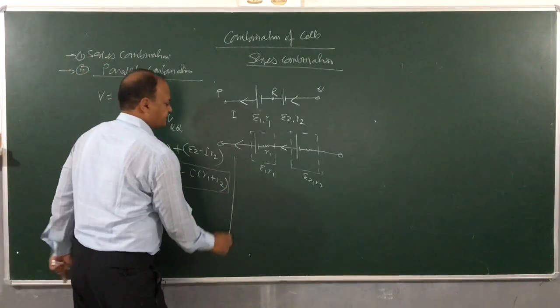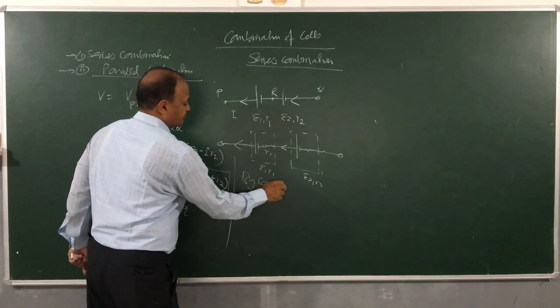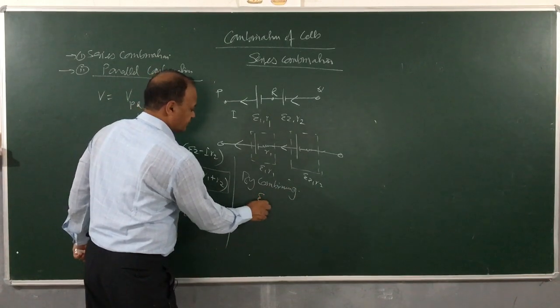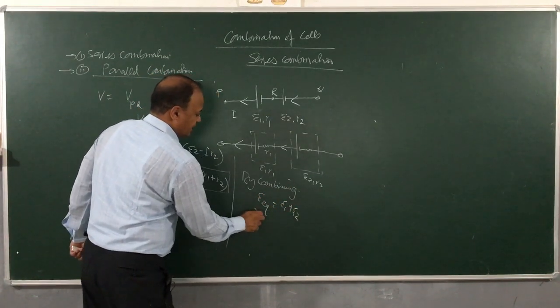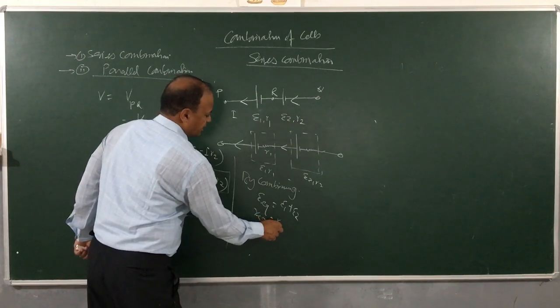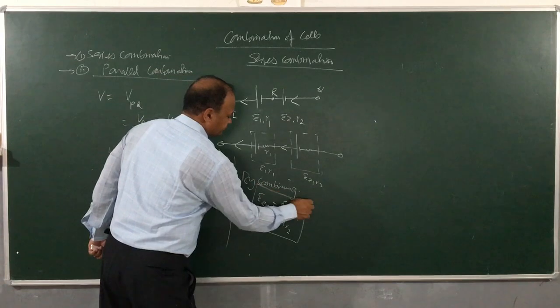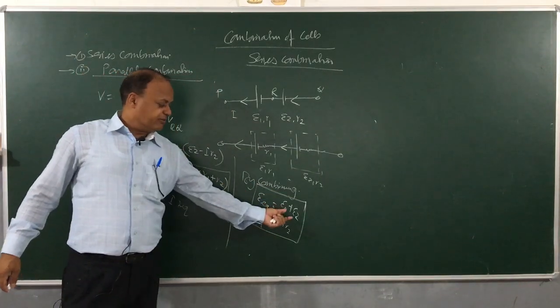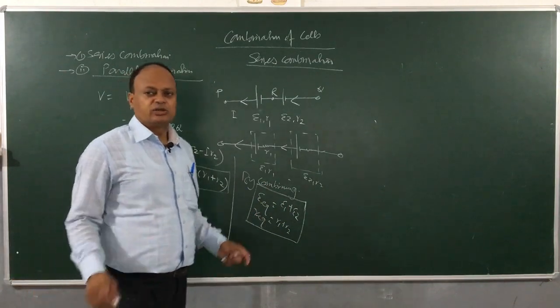So here we will write, by combining we get, children, E equivalent is equal to E1 plus E2 and R equivalent is equal to R1 plus R2, right? So this is what we get, that equivalent EMF will be E1 plus E2 and equivalent resistance will be R1 plus R2.